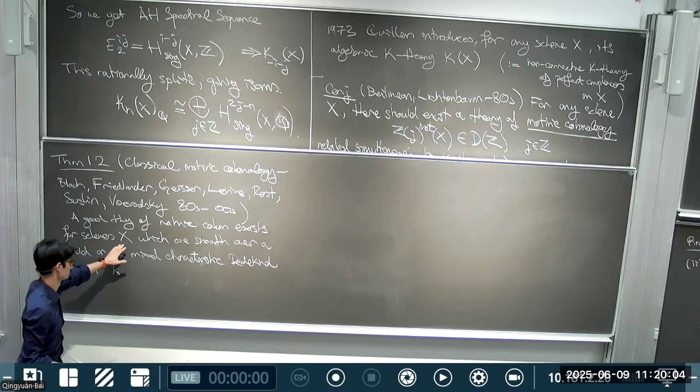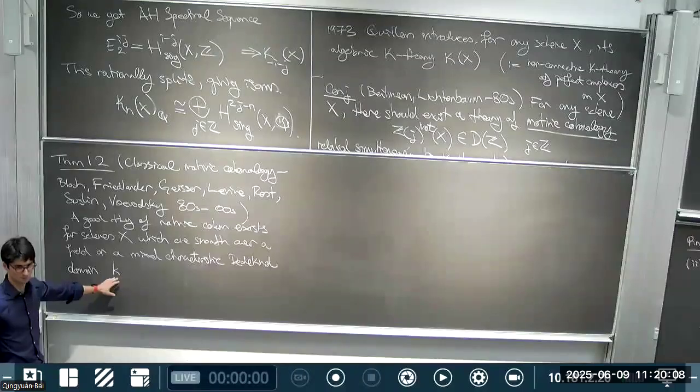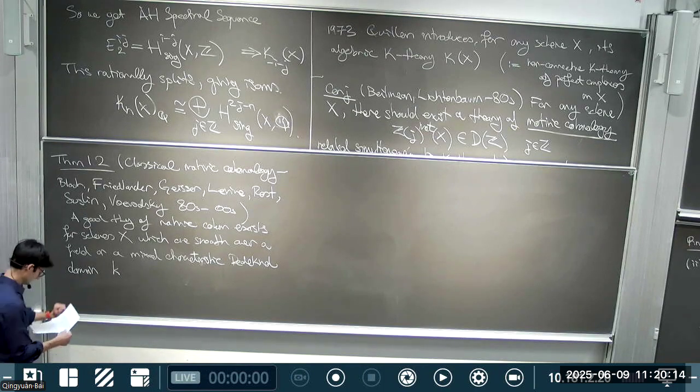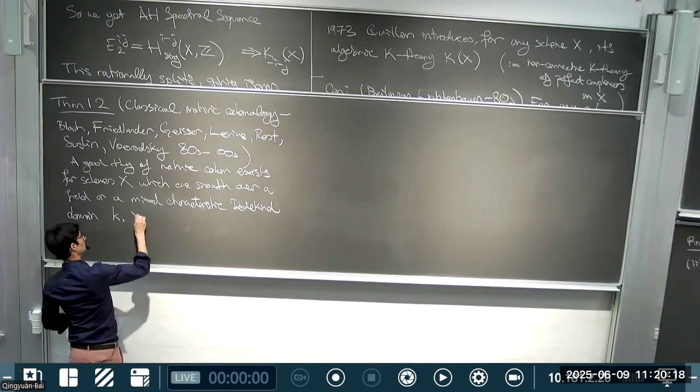But these are really the two cases that you care about. You've either got some X which is smooth over a field, or it's smooth over a mixed characteristic Dedekind domain, and I'll call that base K. So what do I mean by that?